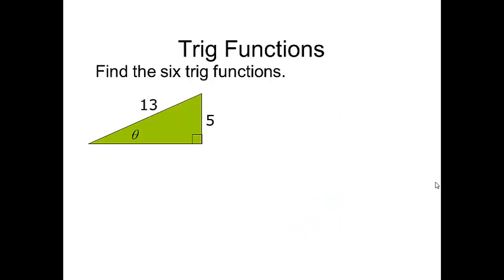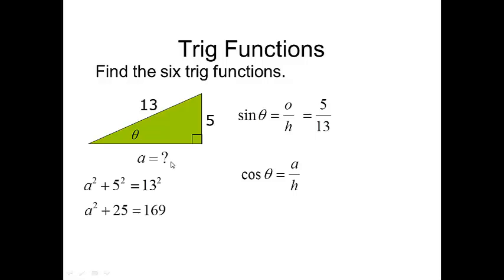Find the 6 trig functions for this triangle right here, and theta's right here. So sine is opposite over hypotenuse, which is 5 over 13. Cosine, well, we know from the Pythagorean theorem that this is going to be 12. Right? A squared plus b squared is equal to c squared. A squared plus 25 is equal to 169.